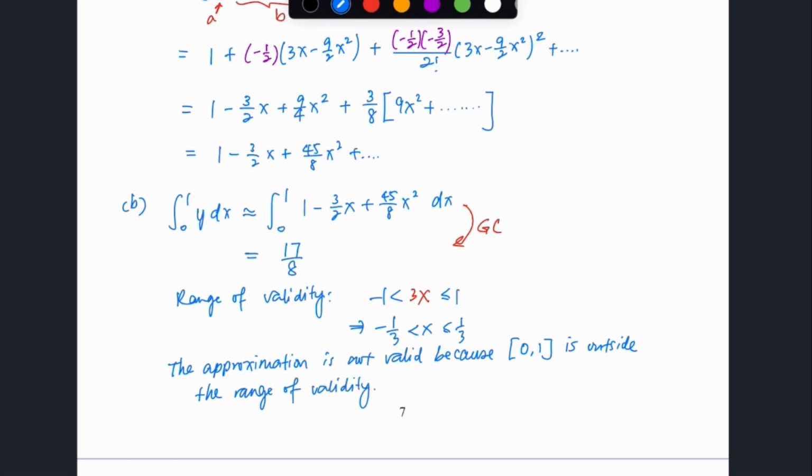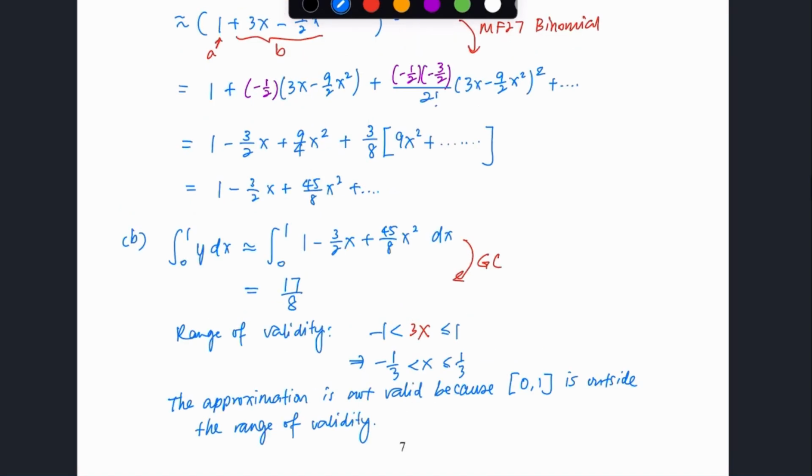Okay, something like that. Take note, you may need to integrate your function to get an approximation, or sometimes differentiate, right? Remember in the tutorial, we differentiate to get the equation of tangent. So something similar, okay?